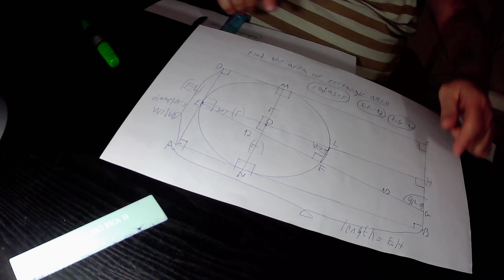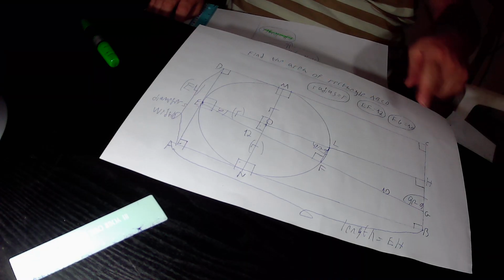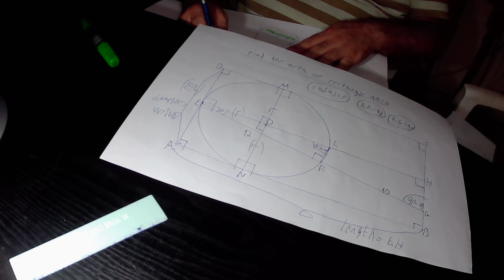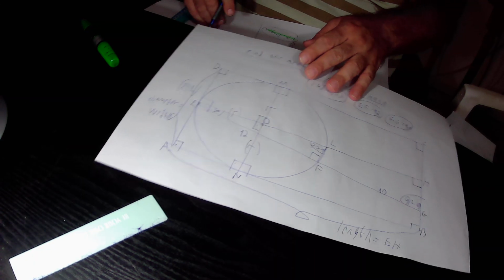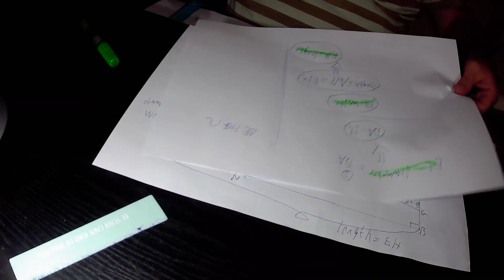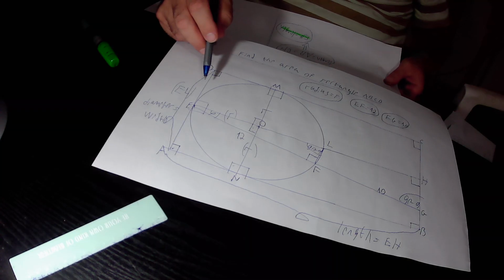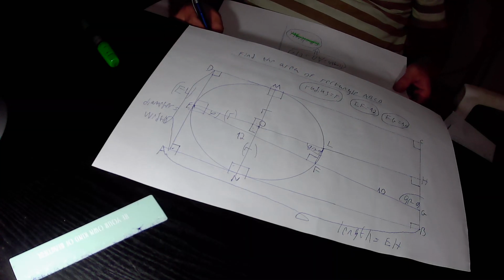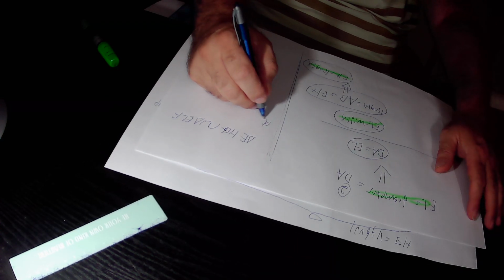So in total, the big right triangle EHG is similar, this is the sign of similar, to the small right triangle ELF. And they are similar to each other according to the angle similarity rule.